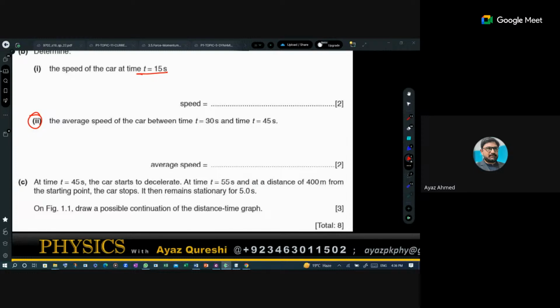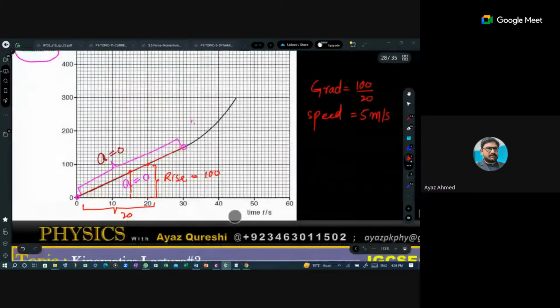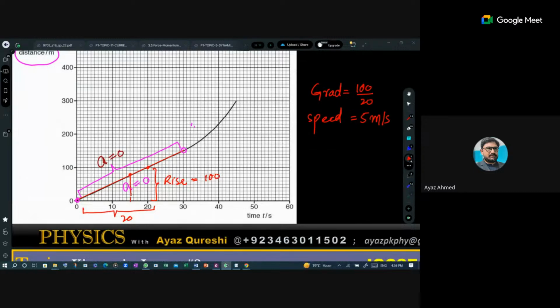Should I show you the slide? Yes, sir. Okay, you have to calculate the average speed between two times, 30 and 45 seconds. Wait, I will mark a point for you.